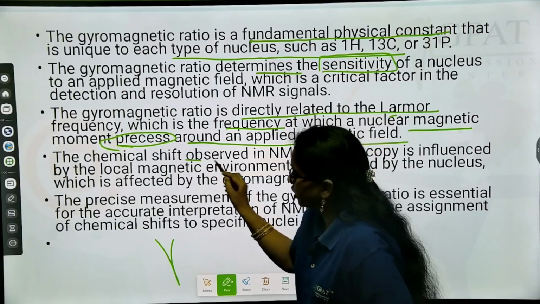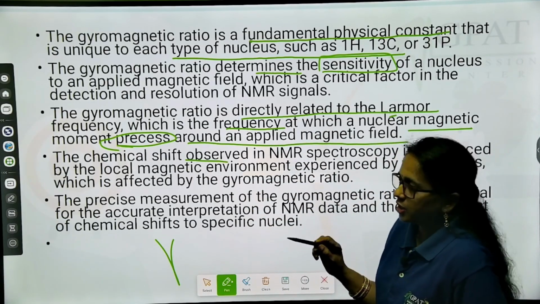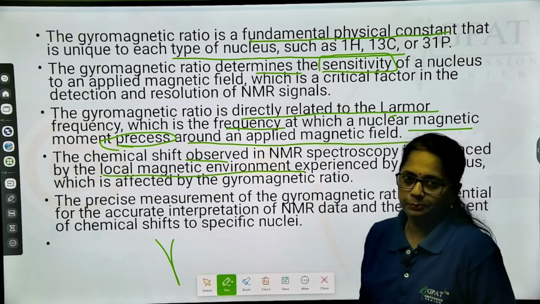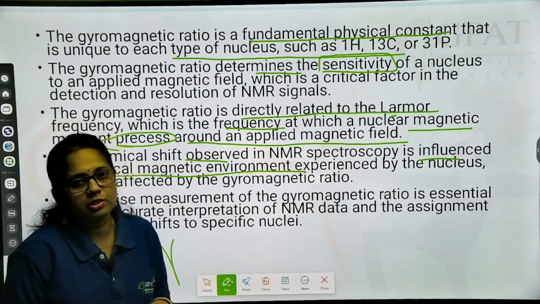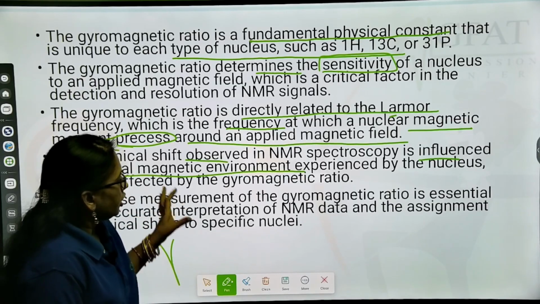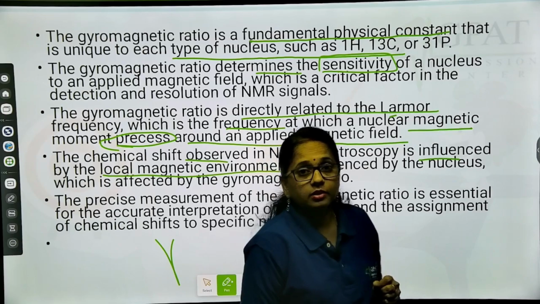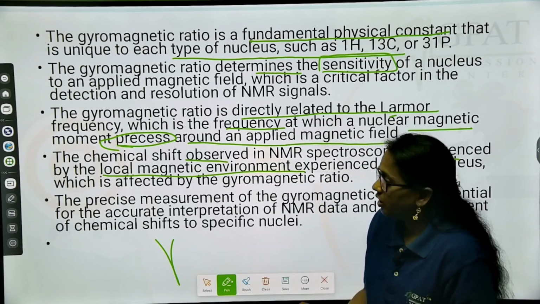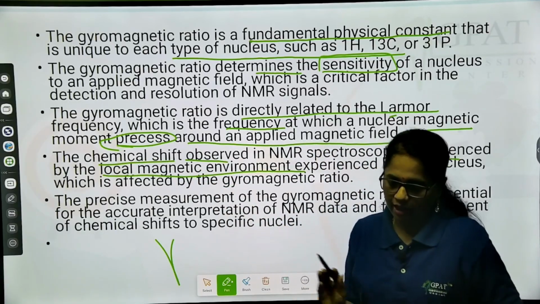The chemical shift we observe in this NMR is influenced by the local magnetic environment, due to the delocalization of electrons or pi electrons, whatever it is. That magnetic environment is felt by the nucleus, and thereby you see different chemical shift values.